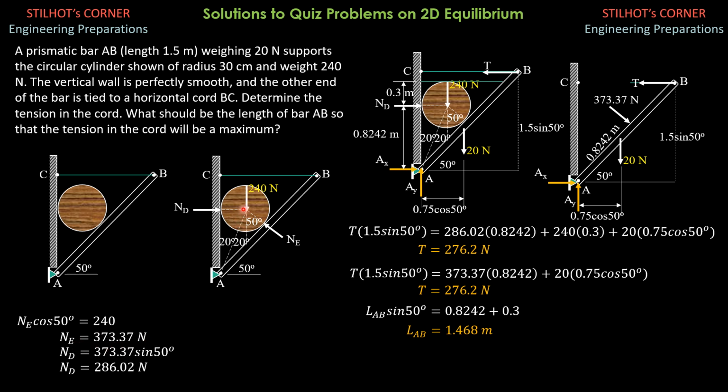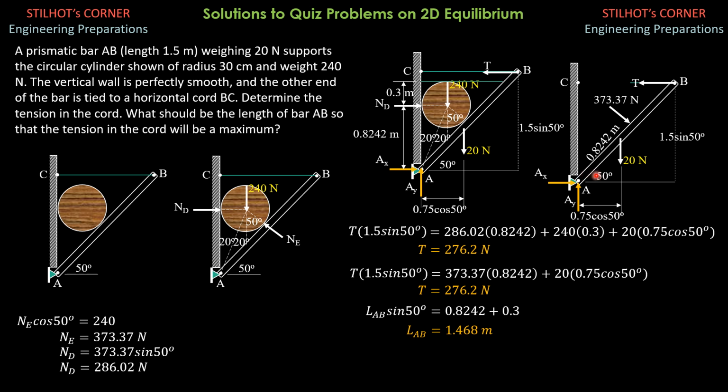Then summation of forces in X equals 0. ND equals the horizontal component of NE, which is 373.37 times sine of 50. ND therefore is 286.02 newtons.